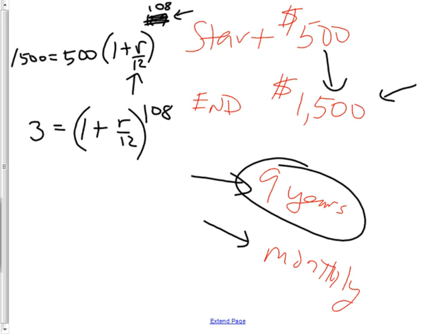Now, how do I get the 108 off of there? To the power of 1 over 108. When you take 3 to the power of 1 over 108, so it came out as if I did 3 to the power of parentheses 1 over 108, 1.0102.